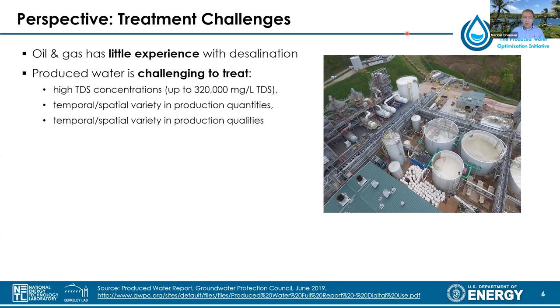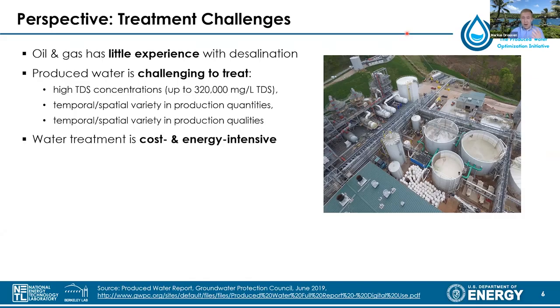Concentrations, by the way, can range from anywhere between 30,000 to 300,000 milligrams per liter. So really high TDS water. But on top of that, the quantity and the quality of water that comes to surface can vary not just from one area to the next, but even over time. So sometimes companies will start producing moderate TDS water, and then a couple years into the process, they're looking at really high TDS water.